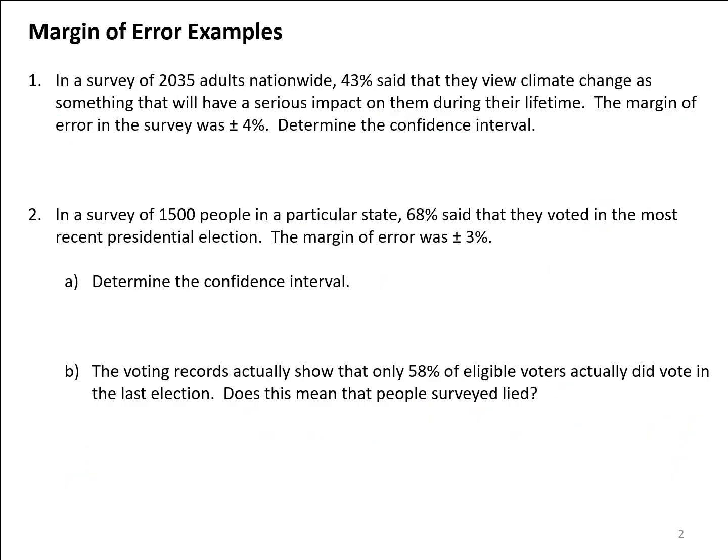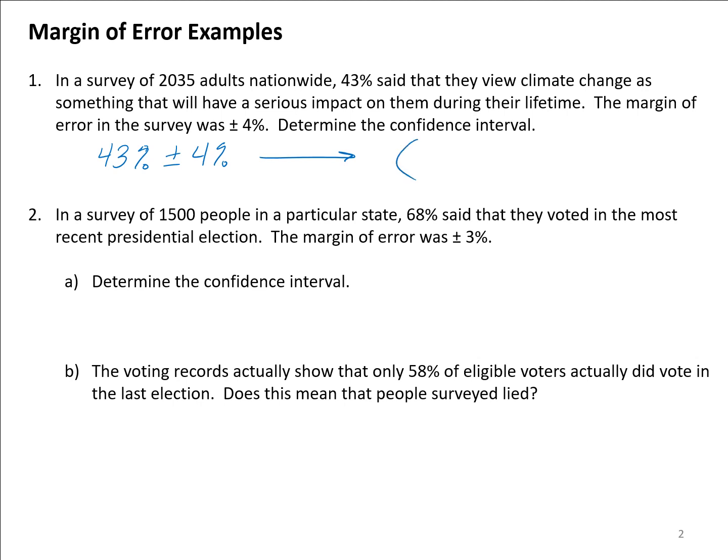Here are a couple of examples involving margin of error. In a survey of 2,035 adults nationwide, 43% said that they view climate change as something that will have a serious impact on them during their lifetime. The margin of error in the survey was plus or minus 4%. Let's determine the confidence interval. So 43% was the sample statistic, and we're going to add and subtract the margin of error from it to create the confidence interval.